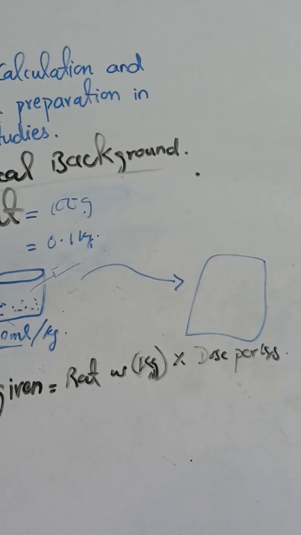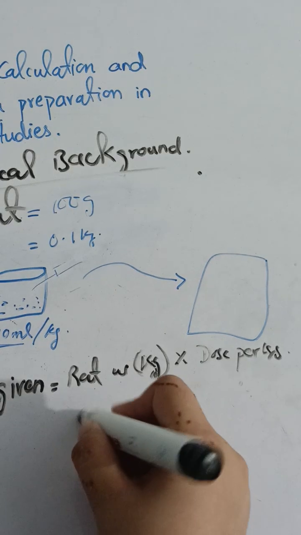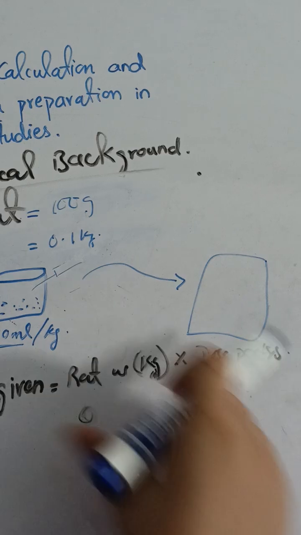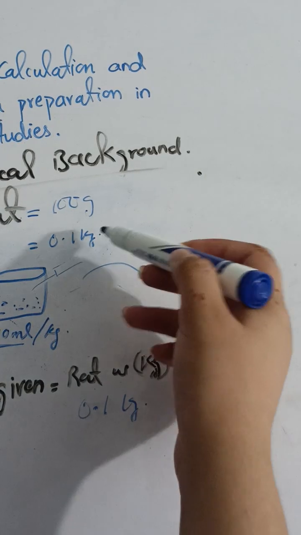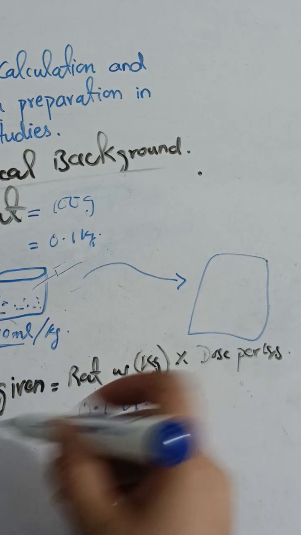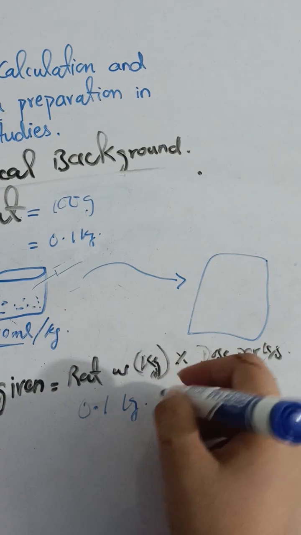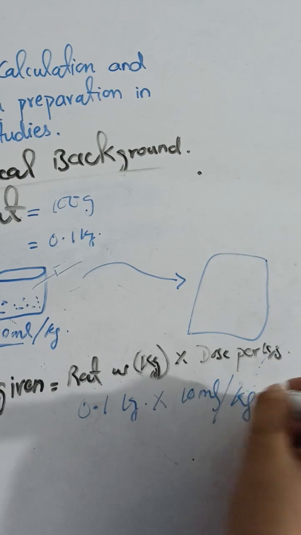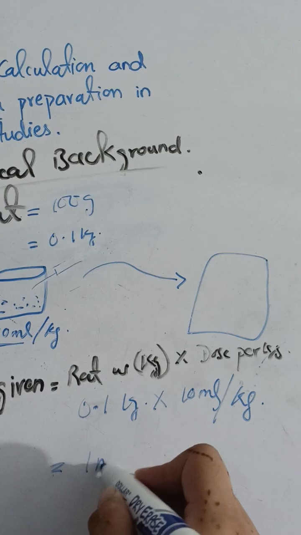Okay, now the weight of our rat in kgs is 0.1 kg, right? This is the weight. Now the dose per kg is given as 10 ml per kg, so we will multiply it by 10 ml per kg, right? After multiplying it we will come out with the answer of 1 ml.